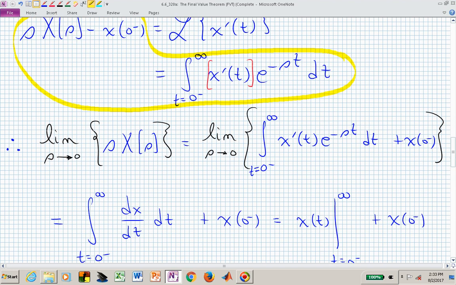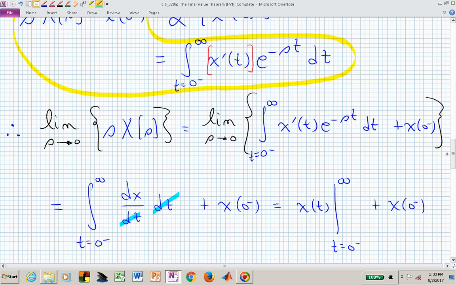X prime is just dx dt, but if you simply look at dx dt dt, that's now the integral of dx, which just integrates to x, and we need to evaluate that at the lower limit and the upper limit.